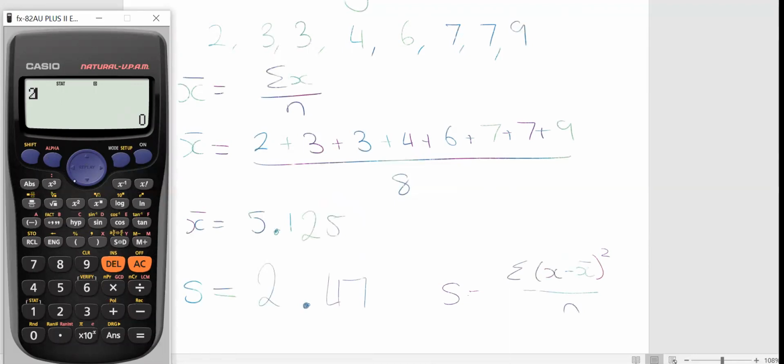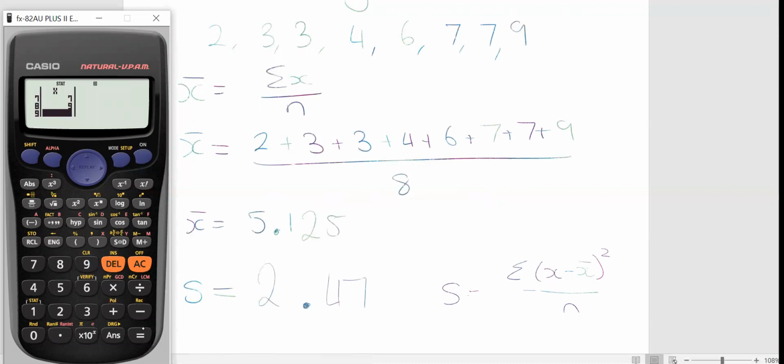First of all I go to stat mode. So I press mode, I go to stats, and I press number 1, and I enter my data. So I've got 2, 3, 3, 4, 6, 7, 7, 9.